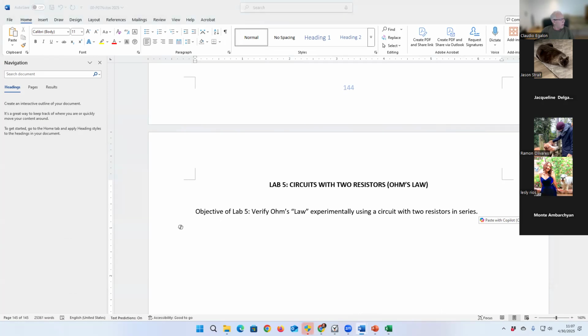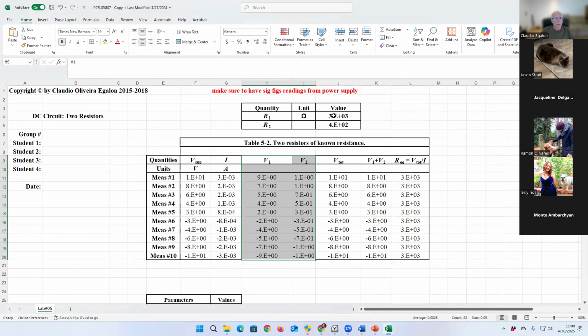Materials and equipment. We are going to need at least 2 resistors. We start with 2 resistors. The value of the resistors is given there in your table. In my case, one resistor is around 3,000 ohms, the other is around 400 ohms.